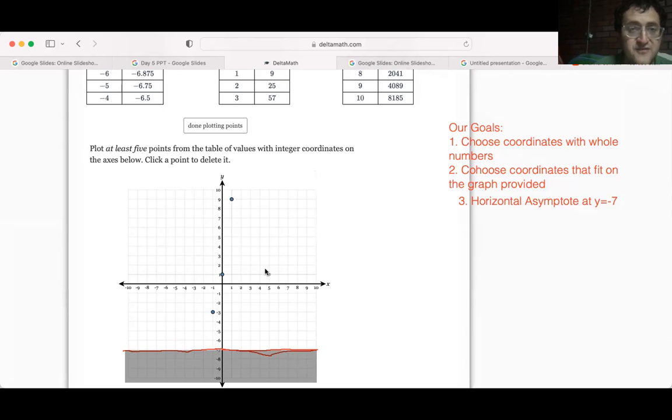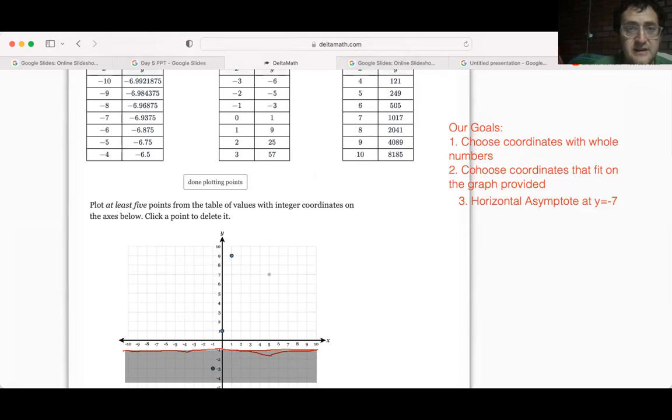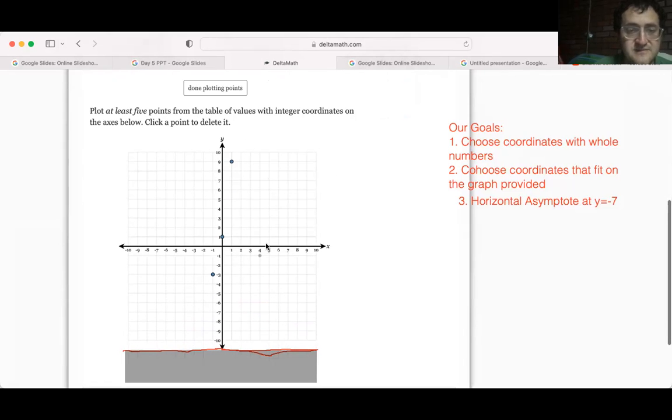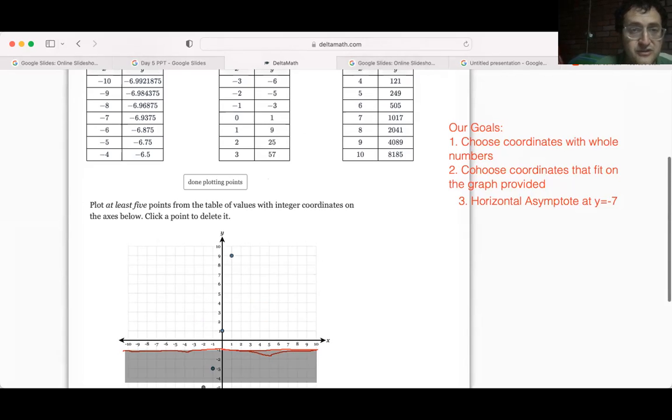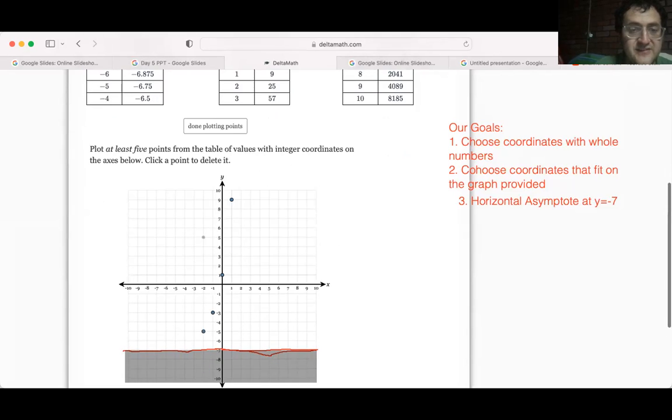And they want at least 5 points. -2, -5. Sorry, I'm having to scroll a little bit here, but we're just reading the data. And then I have -3, -6.